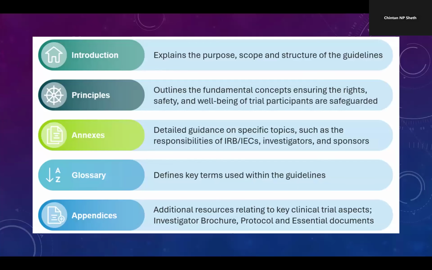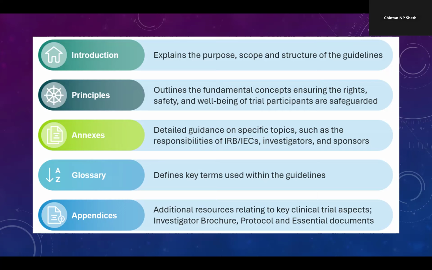The flow of the current guidance document starts with the introduction that explains the purpose, scope, and structure of the guidelines, followed by the revamped principles. Remember, earlier we had 13 principles of GCP, and now we have 11. And that is what we are going to study today.